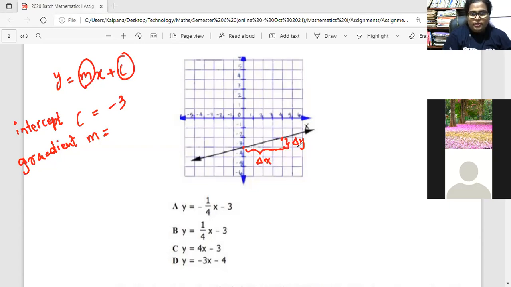Here delta y becomes 1; you have to take -3 -2.